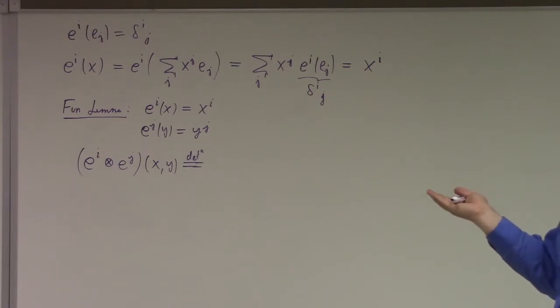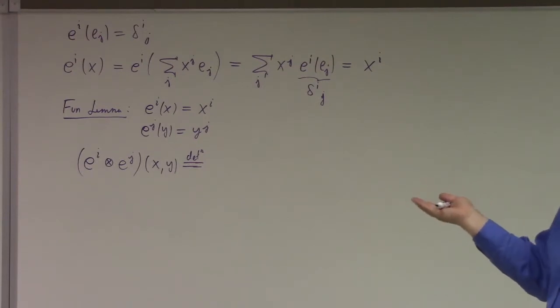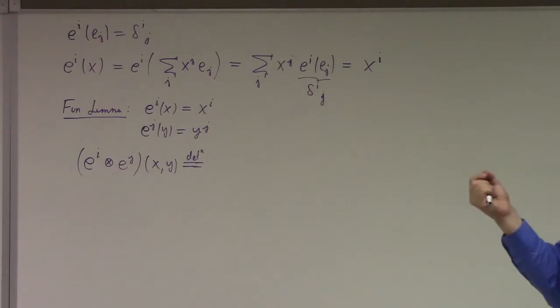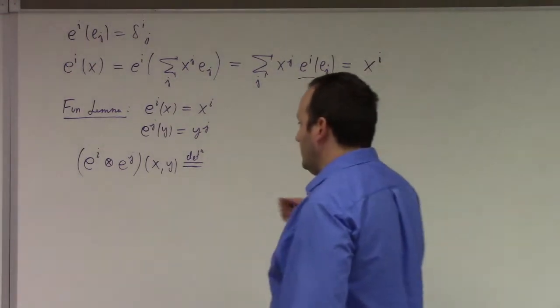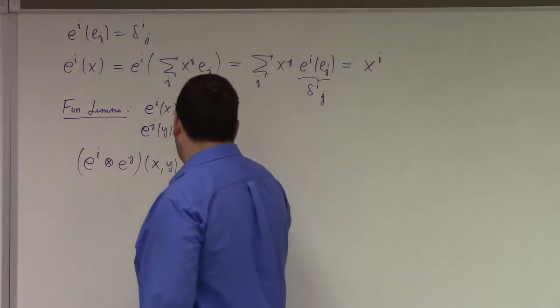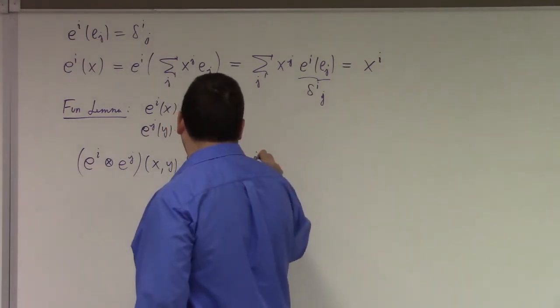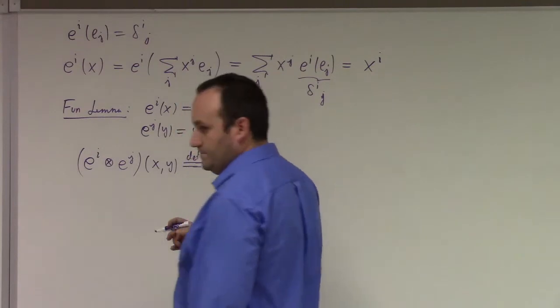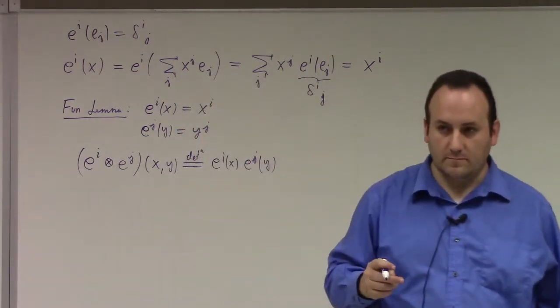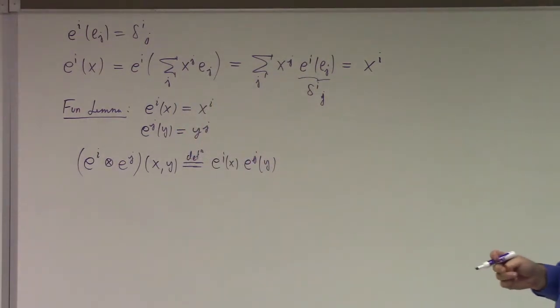That's a multilinear map of type (0,2), because it's a covector tensor a covector. It should eat a pair of vectors. The definition is very simple. It's just e^i acting on x, e^j acting on y. But that's what? Right?